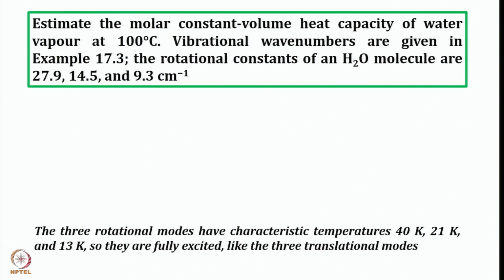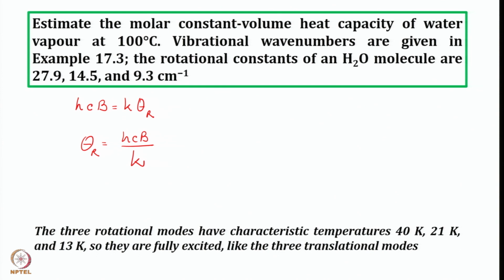Water is a non-linear molecule, a triatomic molecule, it can undergo rotational motion and we use hcB is equal to k theta R. That means this rotational temperature theta R is hcB upon k. B is h cross by 4 pi c I, these we have all discussed earlier.